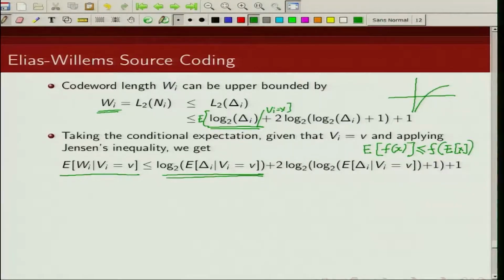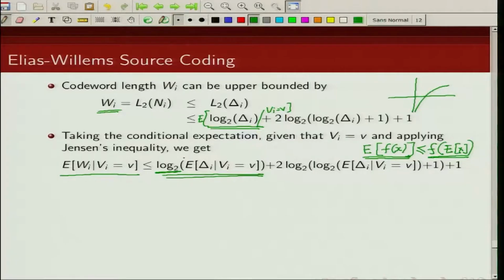Next, since log is a concave function, we are saying expected value of the function should be less than or equal to function evaluated at expected value of x. So what is the function? Function is log, that's this. And what is expected value of x?